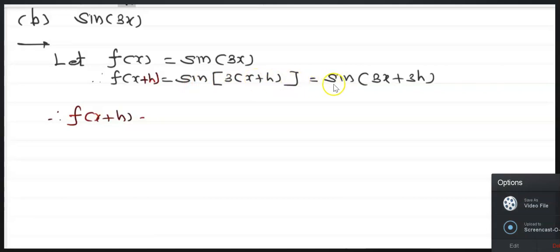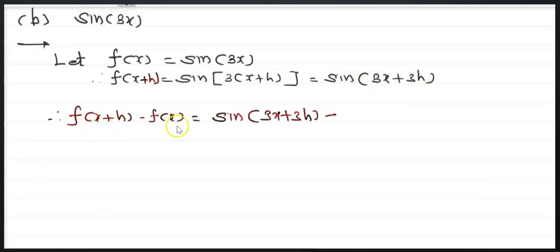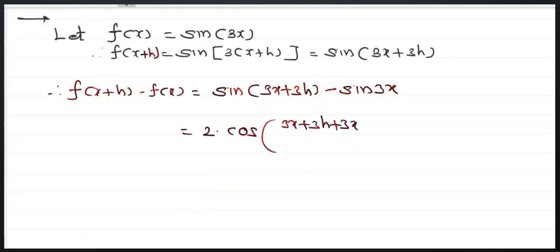Now again, f of x plus h minus f of x is equals to sine of 3x plus 3h minus sine of 3x. Now here we will apply the formula for sine c minus sine d.